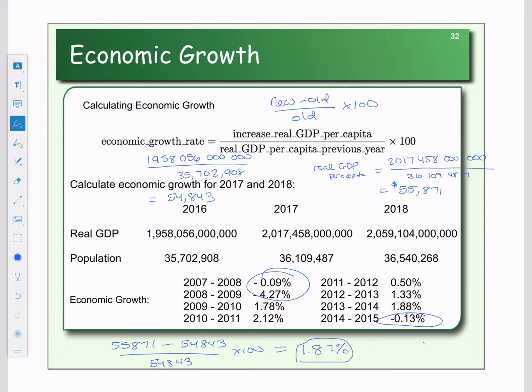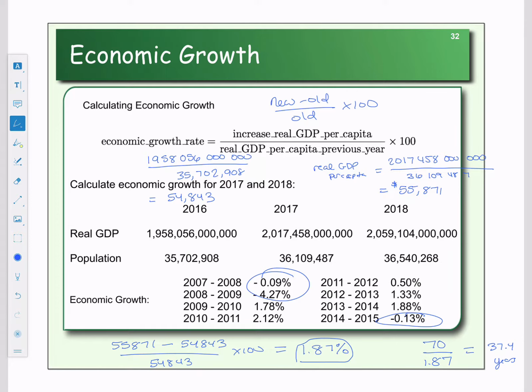According to the rule of 70, we take 70 divided by 1.87, and that tells us how long, if we continue to grow at that rate, before our economy goes from $2 trillion to $4 trillion. We find that it will take 37.4 years.